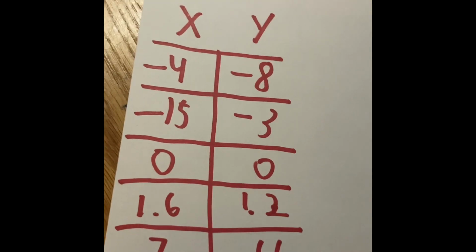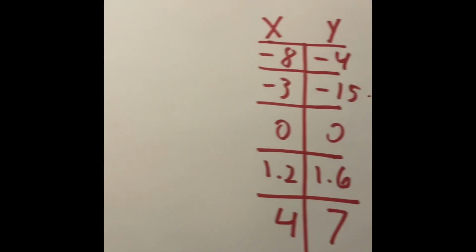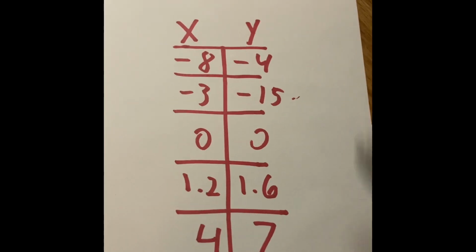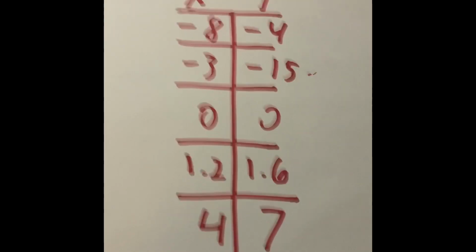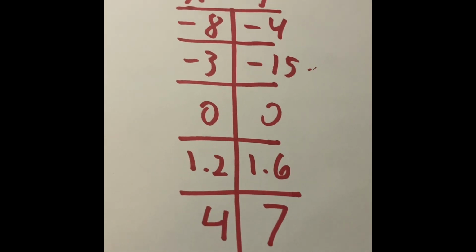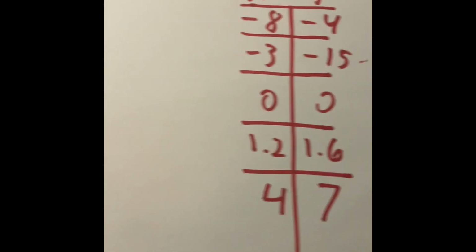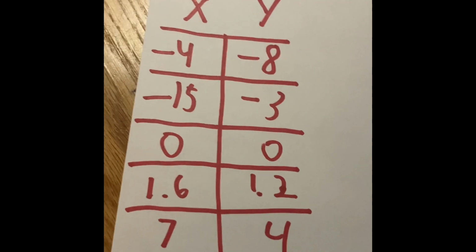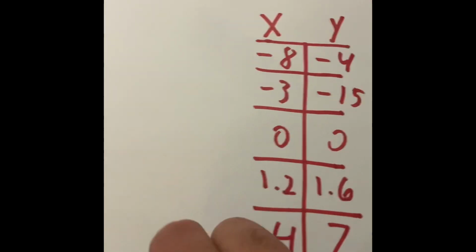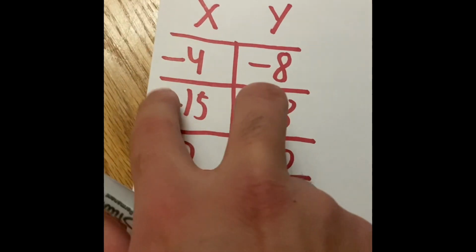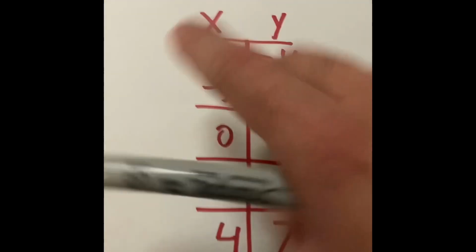When you do an inverse function, whatever you put in for x becomes y, and whatever you put in for y becomes x. Like negative 4 and negative 8, you switch them around.